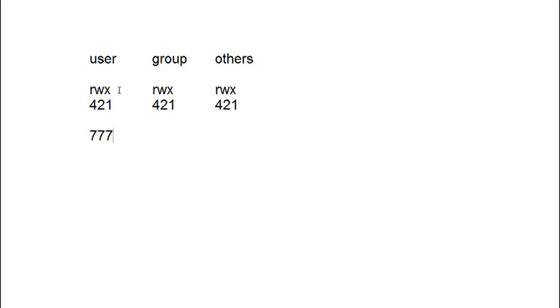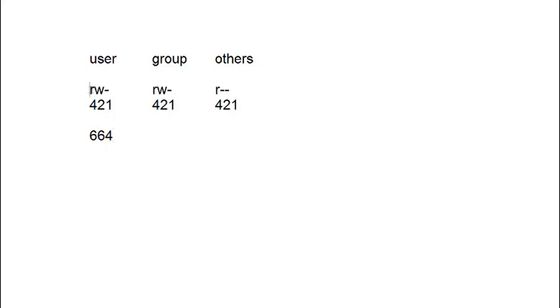Now, if we want to take away the execute permission for the user and for the group, and then take away write and execute for others, which is the default way of creating files, then it's going to be 664.